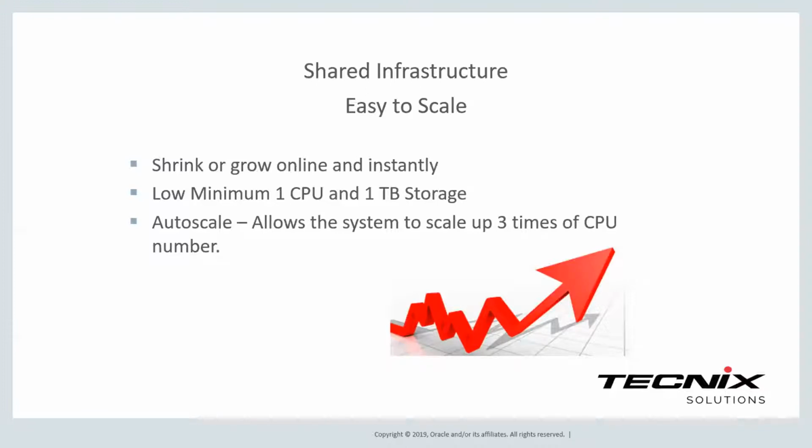That means we don't need to shut down our database to change the quantity of CPUs, for example. We can continue in production online and change the quantity of CPUs to grow or shrink.